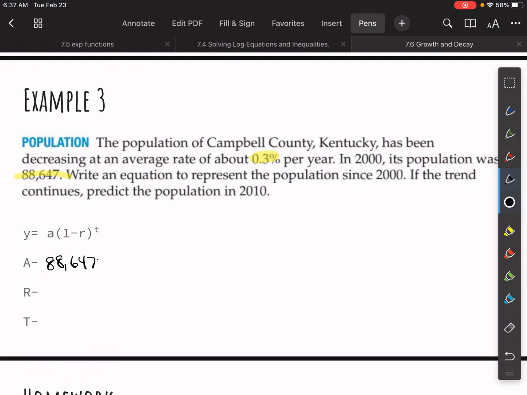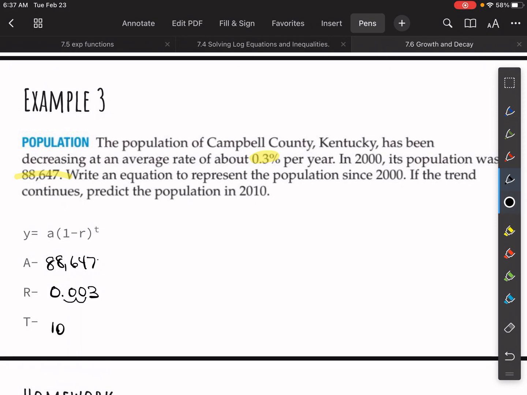Our rate, careful with this rate, you guys, is 0.003. There's an extra 0 there because this is 0.3%, so if you move the decimal two places, you'd be at 0.3. So that's my rate.